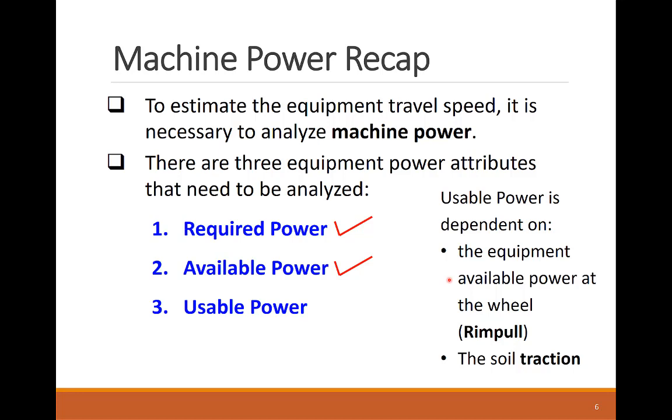This is why we'll focus next on usable power, which is dependent on the available power, which we will give a name, rim-pull, and the soil traction with the wheel.